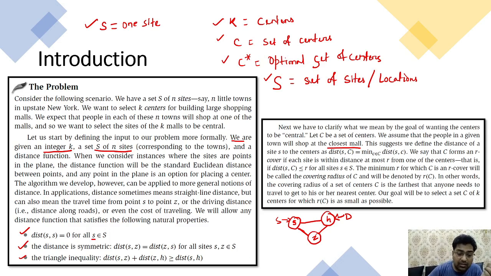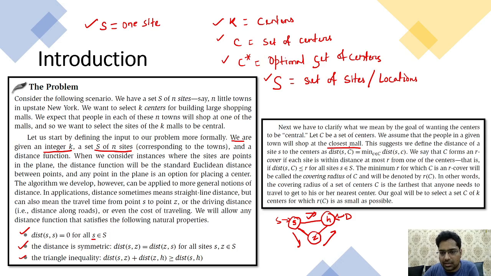If the distance from s to z is higher than the path through h, we will pick s to h. This is the triangle inequality, which is helpful here, so watch the previous video named approximation TSP.